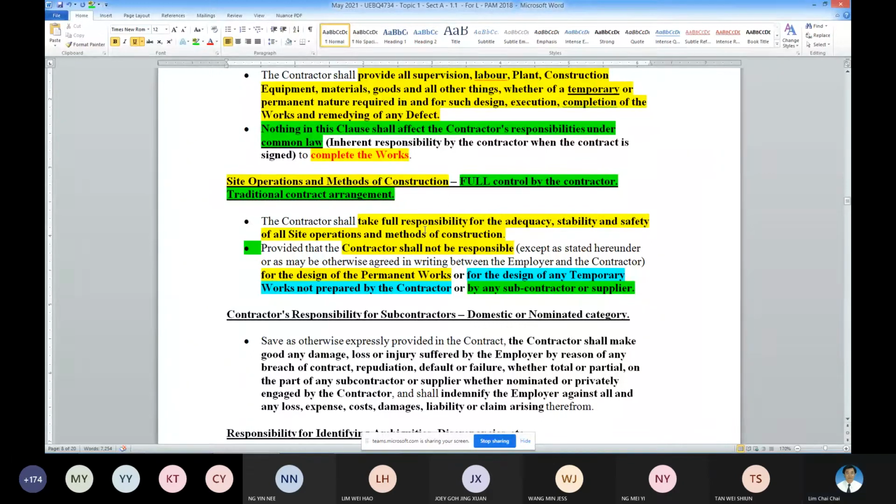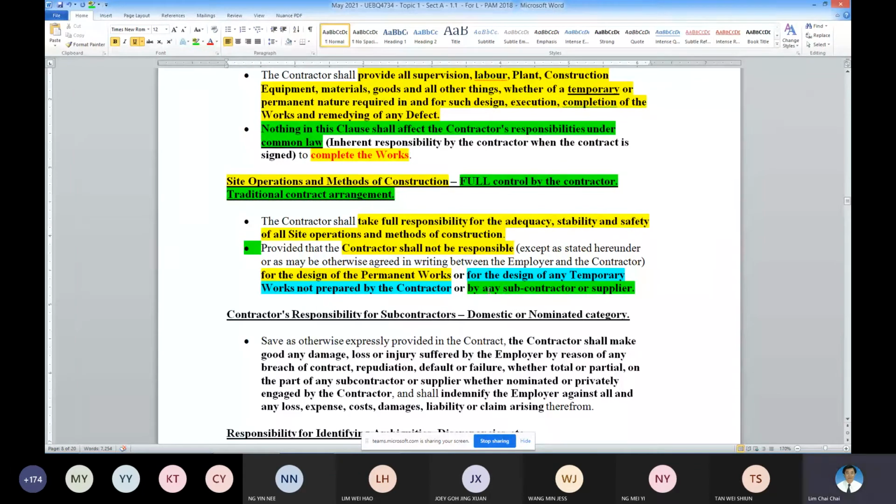More often than not, these are the responsibilities of the contractor, except on design or temporary works that are not under the contractor's responsibility, or sometimes the subcontractors doing a certain part of the work.